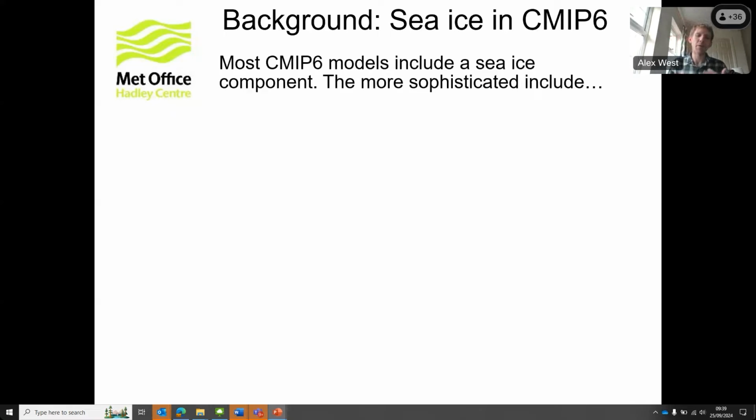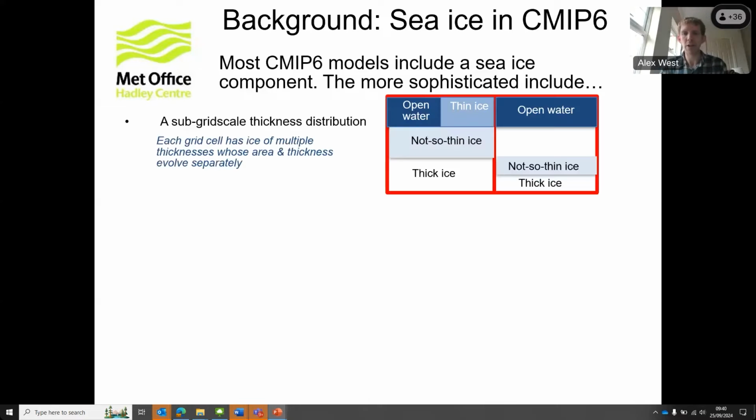And the models that provide the right diagnostics for this study tend to be among the more sophisticated. They include things like a subgrid scale thickness distribution. So each grid cell doesn't just have a block of sea ice.